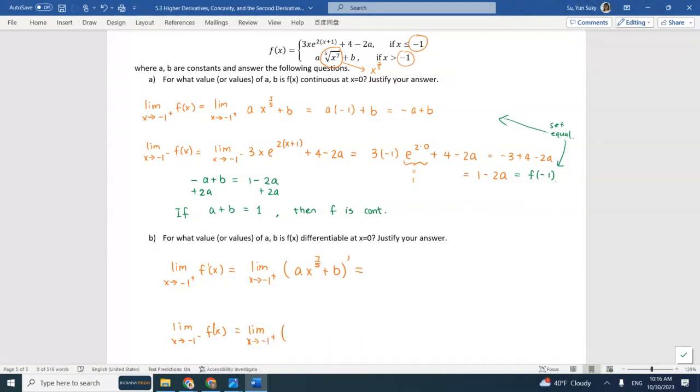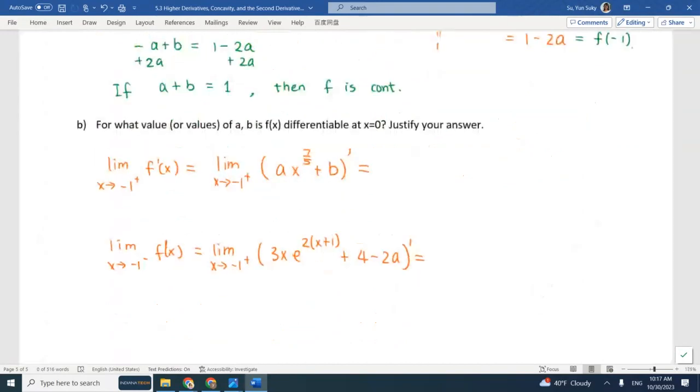So we just copy this, 3x e^(2x+1) + 4 - 2a, and we take the derivative. Okay, so part A is about the function. Part B is about the derivative. Is that okay, everybody?